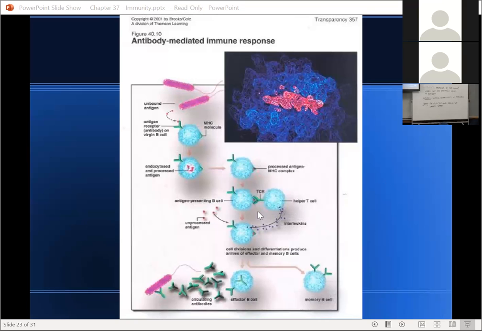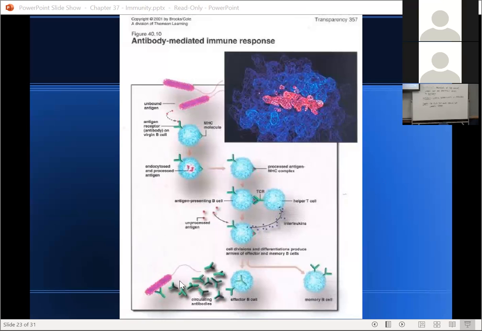That's what's happening here. So if the T cell recognizes the antigen on the B cell, it's going to secrete cytokines that activate the B cell. Okay, then the B cell is going to undergo clonal expansion, where there's going to be a lot more of these. Then it's going to differentiate into plasma cells. They're going to make lots and lots of antibody. It's going to attack the foreign invader.